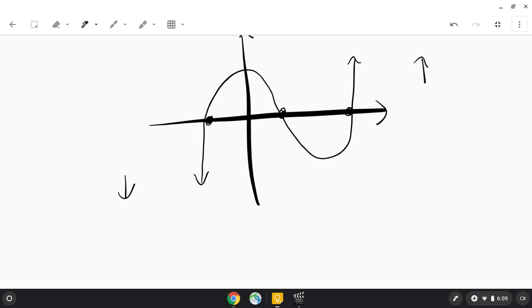Okay, so let's begin. 3.2. And this is part 2. And we're still on higher degree polynomials.